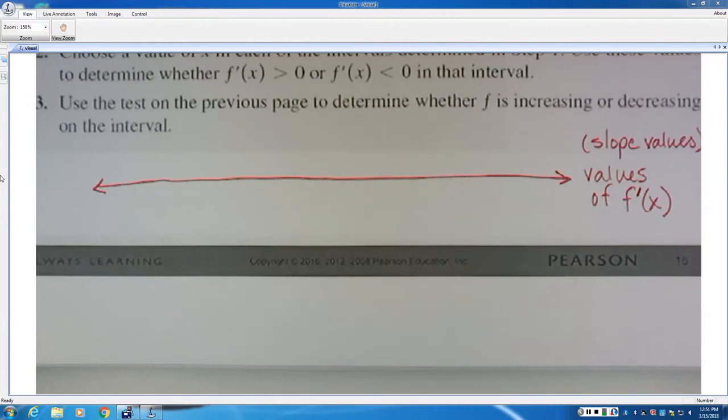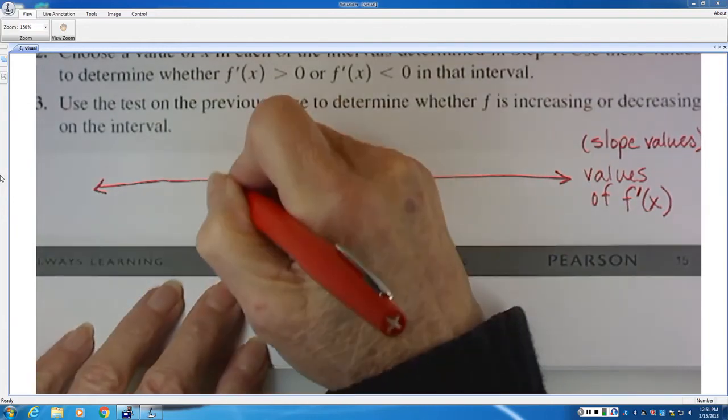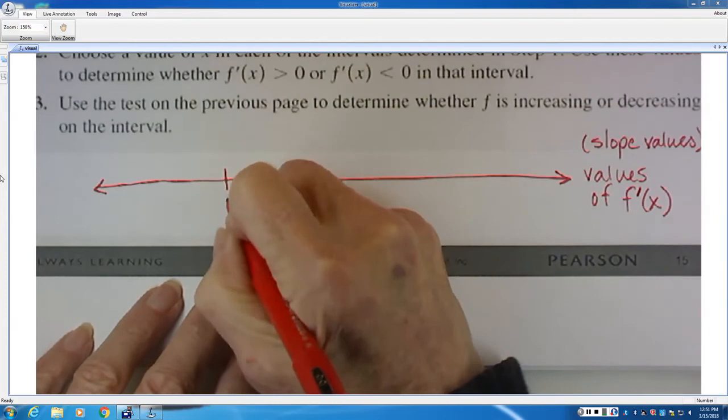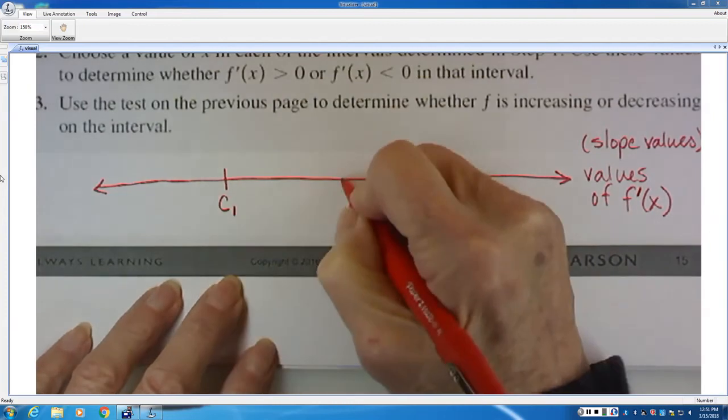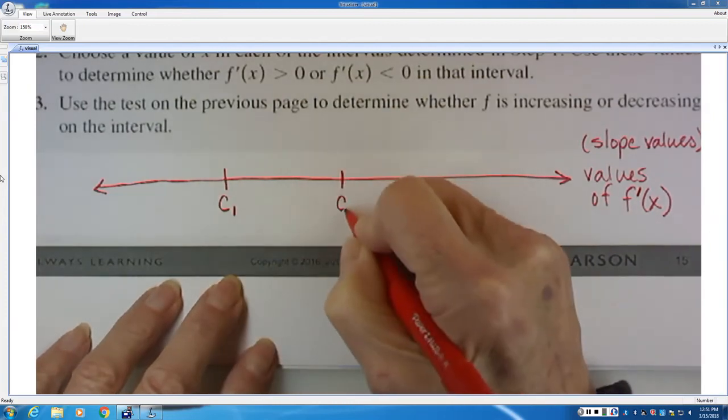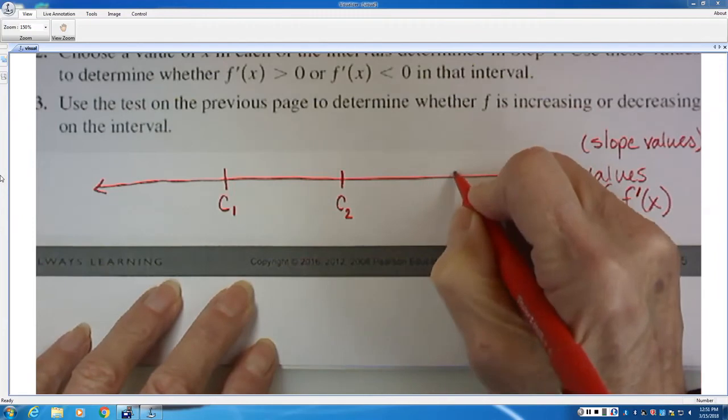Okay? Let's say I have a critical number here, and a critical number here, and a critical number here.